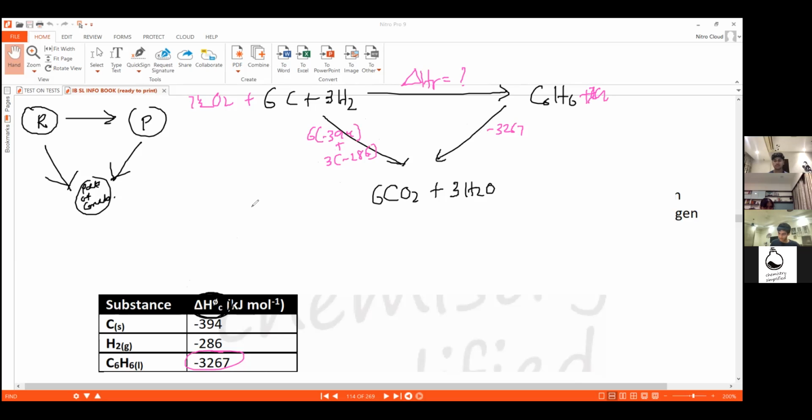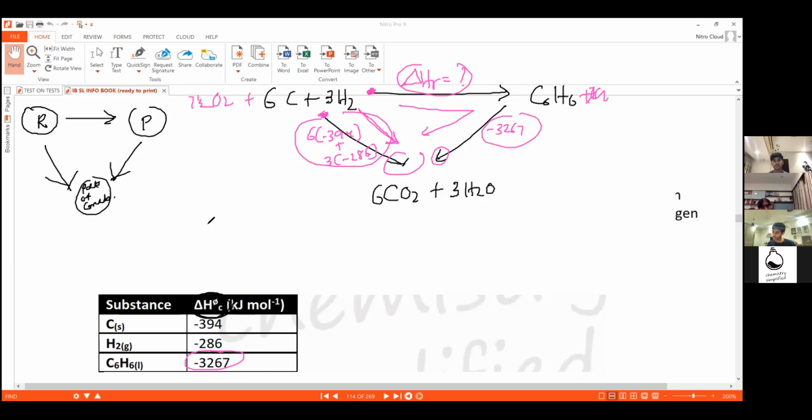Now it's time to frame the equation. I will check the initial point of all the routes and the final point of all the routes. So initially both the tails are here and both the heads are here. That means from here to here is the direct route, and this will become your indirect route. So according to Hess's cycle, the enthalpy change is equal to this plus this.